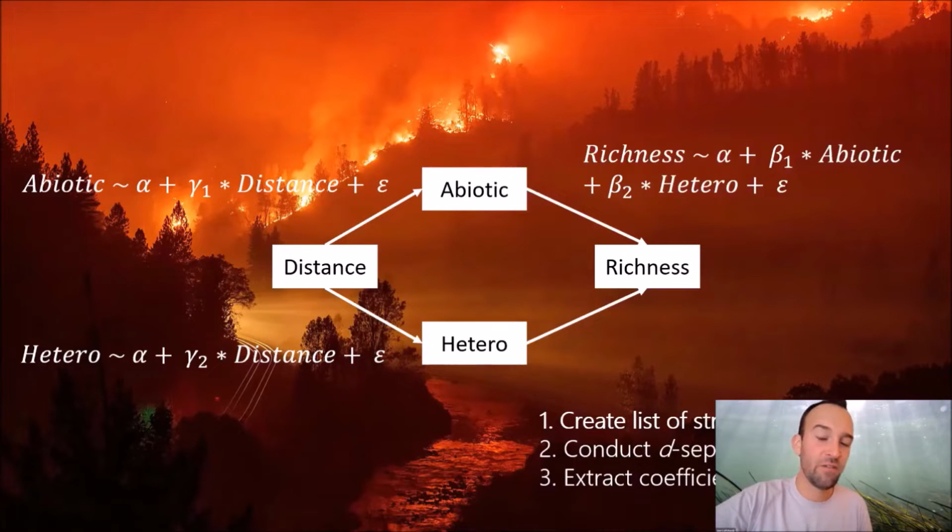However, we really want to include both in the same model because those path coefficients will reflect the independent, ideally, effects of, say, abiotic conditions on richness given a certain level of compositional heterogeneity. And so it's important to be able to code those in the same model so that we can arrive at those estimates that are independent.